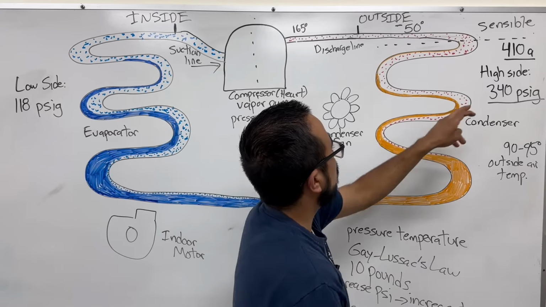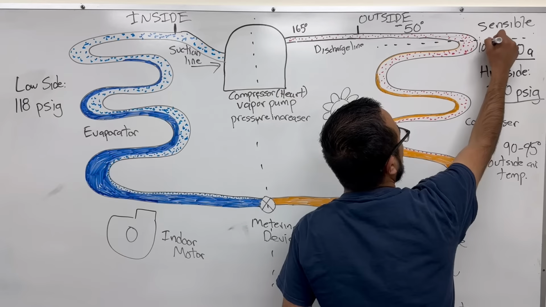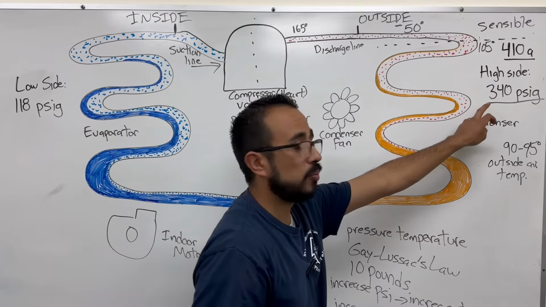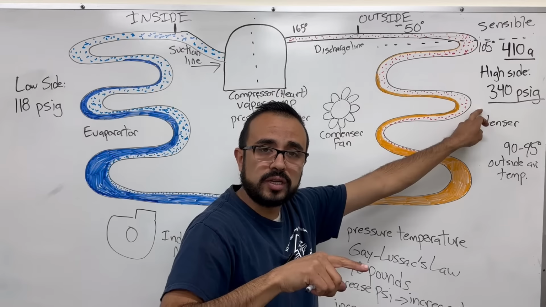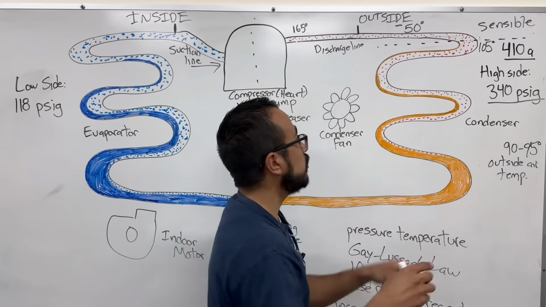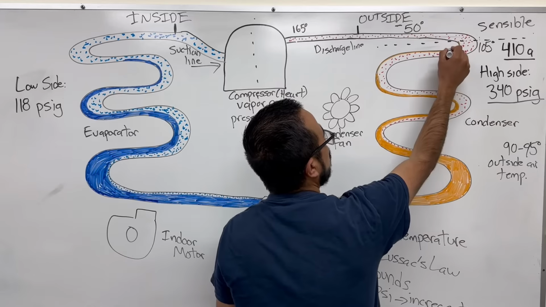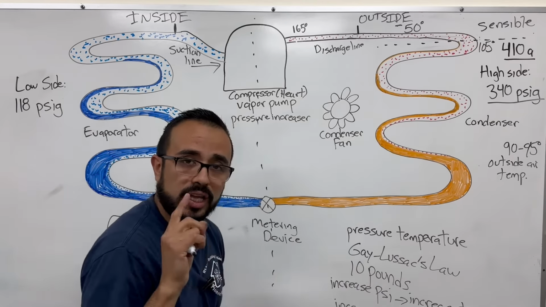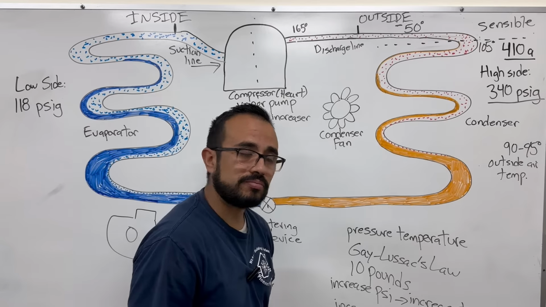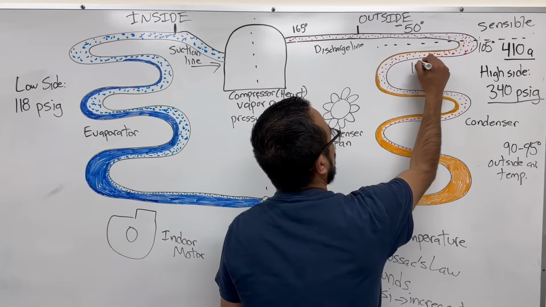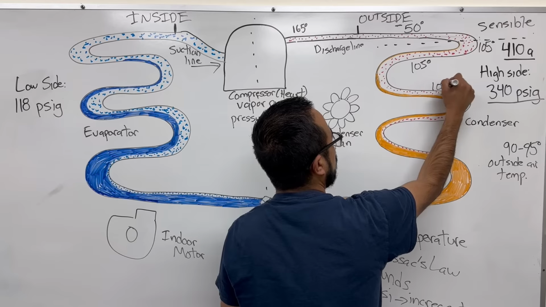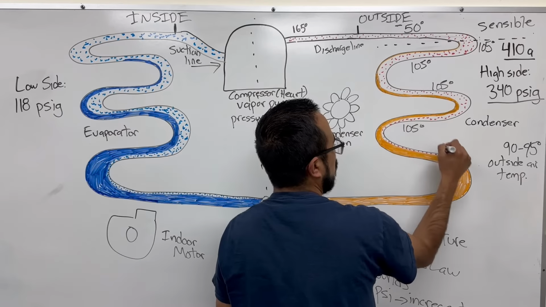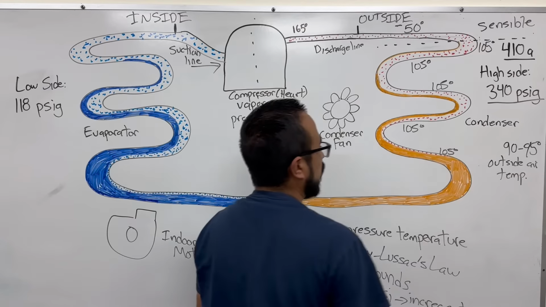So guess what? This 105 degrees, which we got because of our pressure, right? We had to convert it: 340 for 410A is 105 degrees. As long as I have a liquid and vapor mix, it remains the same temperature. And so then we have 105 degrees here, 105 degrees here, 105 degrees right there.